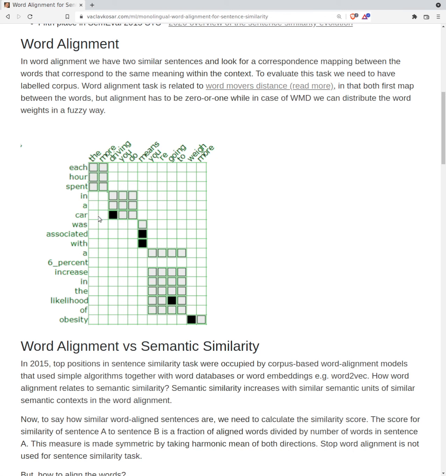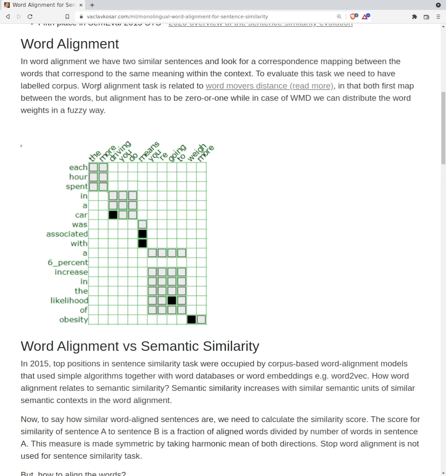For example, the equivalence here is the car and driving. This stands for the same thing in both sentences. As well, "means" is associated with "is." So it's not necessarily one-to-one, but I think the model itself does the mapping one-to-one later.